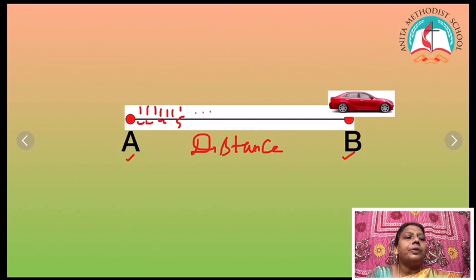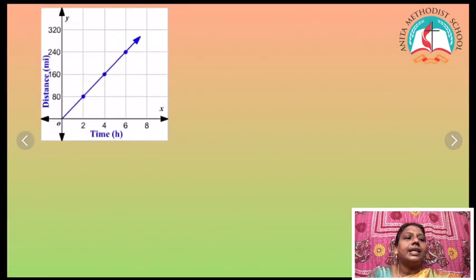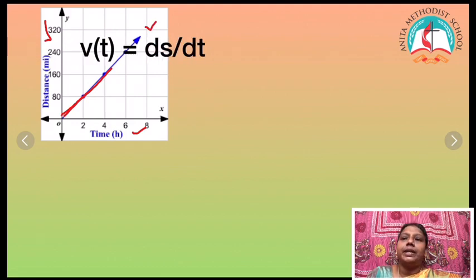Okay. Supposing I am calculating all these things on a graph, taking time as the x-axis and distance as the y-axis, then if a car moves 60 kilometers in 2 hours and 160 kilometers in 4 hours, we can get a direct variation here.